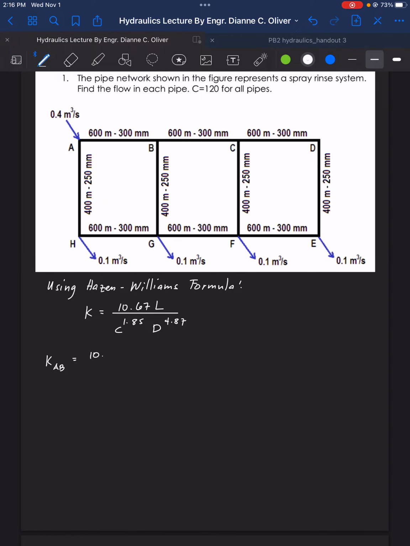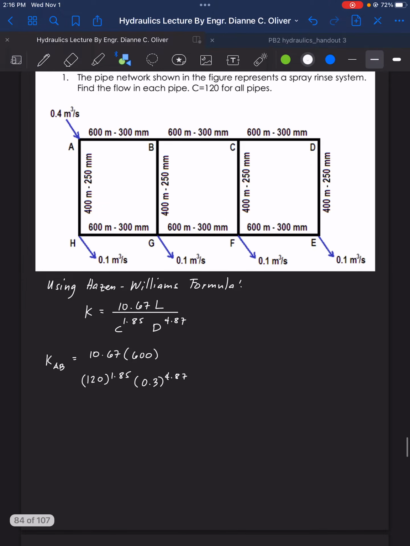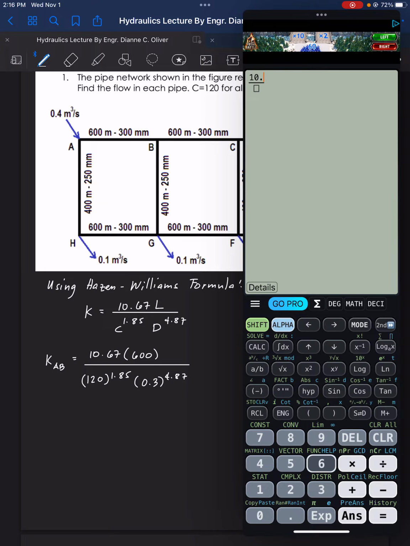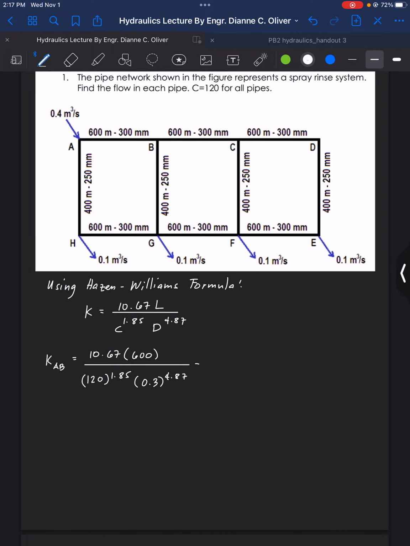So we have here our K of AB equal to 10.67. The length here is 600 meters all over 120 raised to 1.85, and the diameter of 0.3 raised to 4.87. So 10.67 times 600 all over 120 raised to 1.85 times 0.3 raised to 4.87 is 320.81.